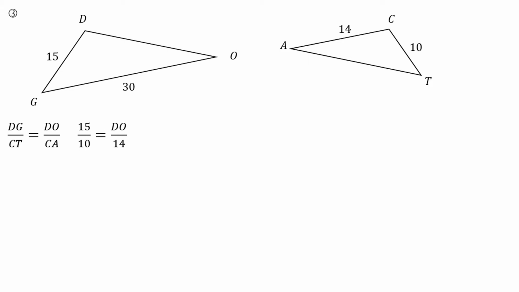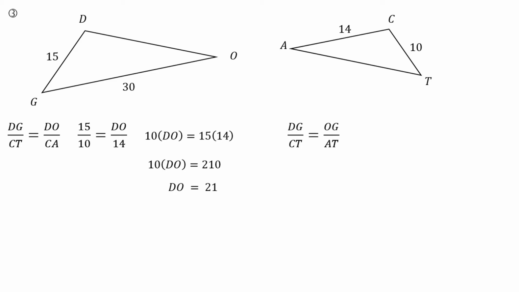Because this way I can substitute 3 values that I know, cross multiply, solve, and I now have my missing side DO. Now, to find side AT, this proportion, of course, will include AT. Solve after substituting, and I've got a value for AT.